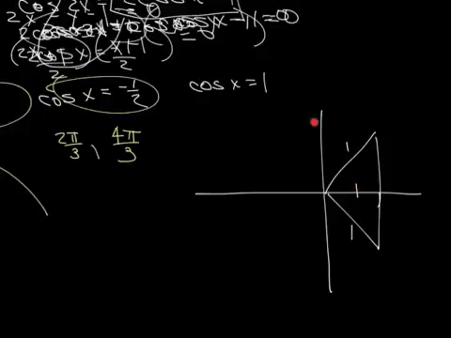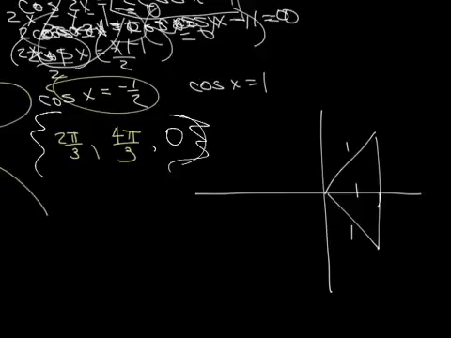That's the only time you can get 1 over 1 with cosine, is when they're the same, which means this is going to shrink all the way down to 0, and this is going to shrink or go up all the way to 360 or 0. It's going to be on this line. So when my cosine of x is 1, my angle is going to be 0, and that is going to be my answer there. There's not two answers to that one.